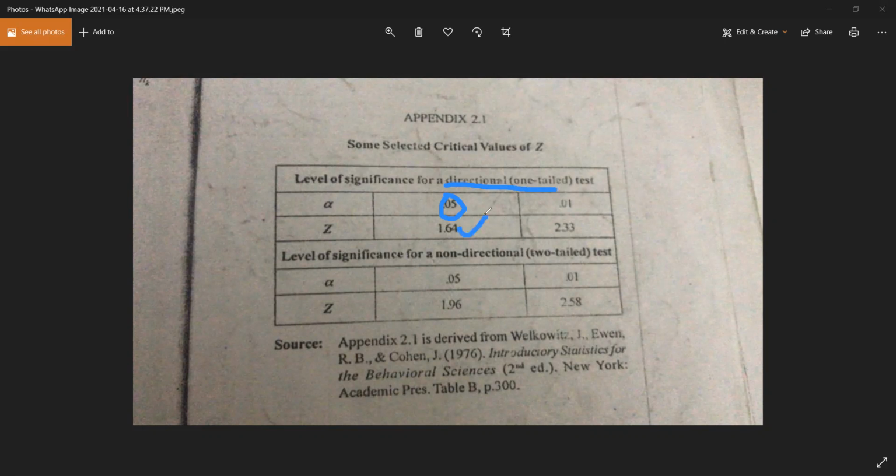But if our hypothesis was directional and the level of significance was 0.01, we should have selected this value. Also, had our hypothesis been non-directional with a level of significance of 0.05, we should have selected this value as our critical value.